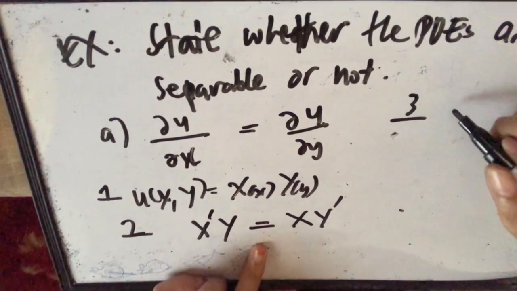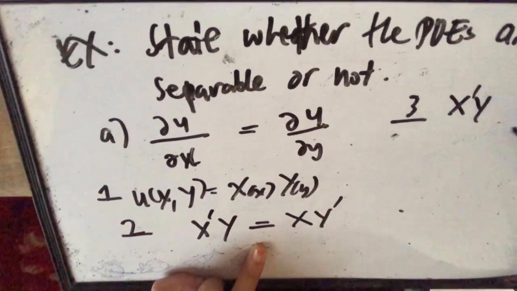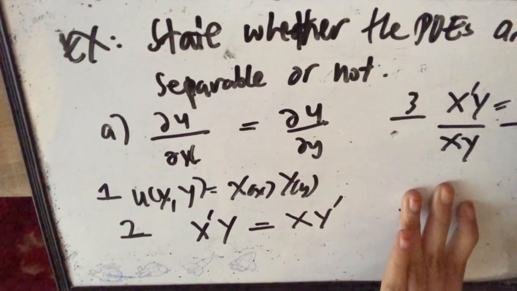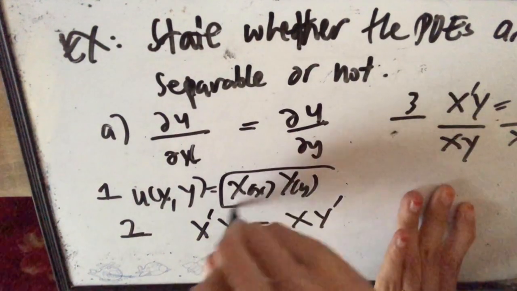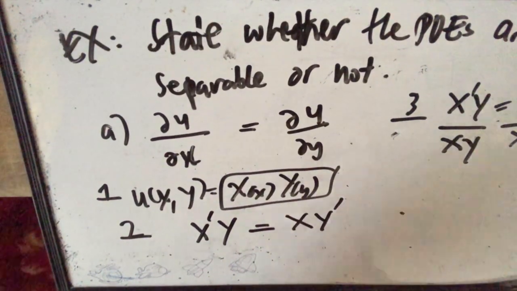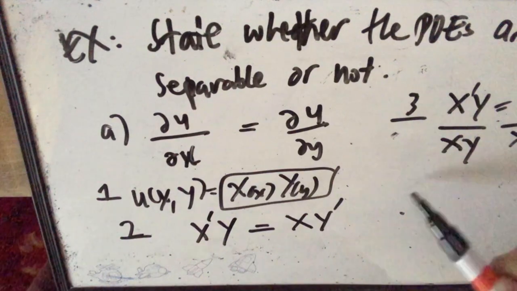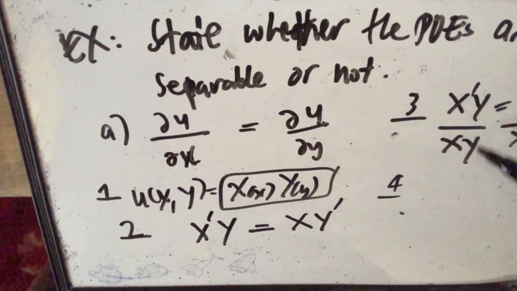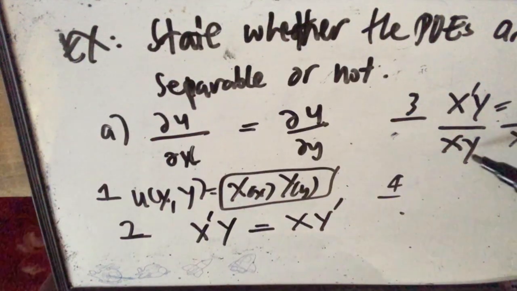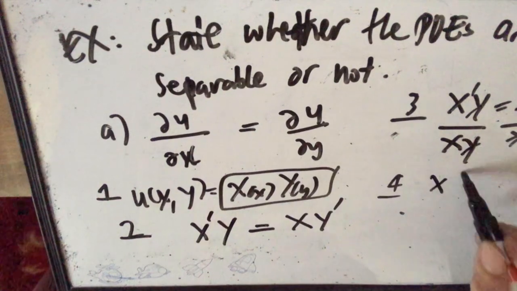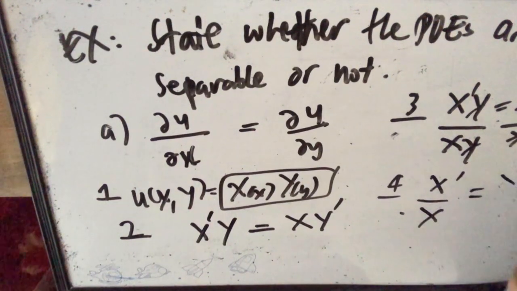For the third step, you divide this equation by XY. Then step number 4, you cancel whichever variables you can cancel. So you are left with X'/X equals Y'/Y.